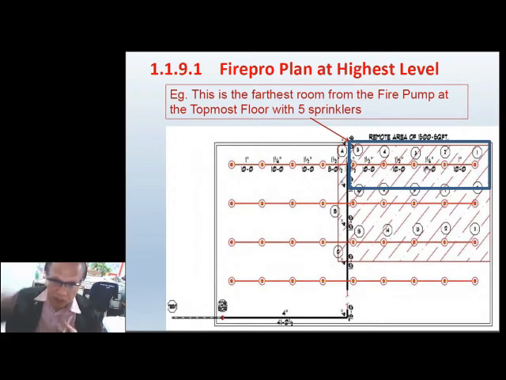Fire protection analyzes what may happen in the worst case scenario, so you can assume that the fire could happen inside this blue rectangle area. That means 5 sprinklers are involved: 1, 2, 3, 4, 5.